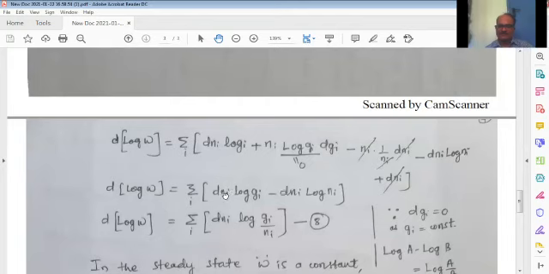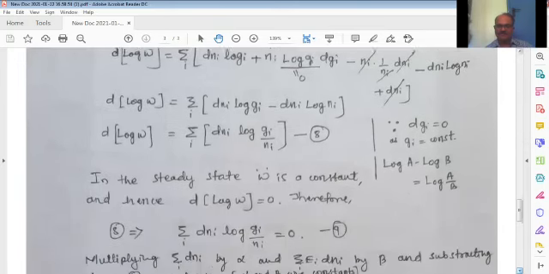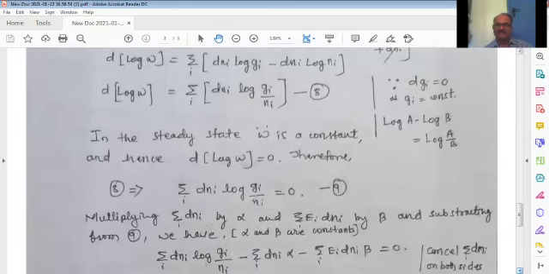So it is dNi log Gi minus dNi log Ni, which is equal to summation over i. dNi is common, it is taken out, and log Gi minus log Ni is written as log of Gi by Ni using the logarithmic rules. Let this be the equation 8.